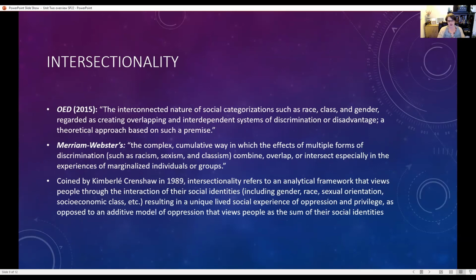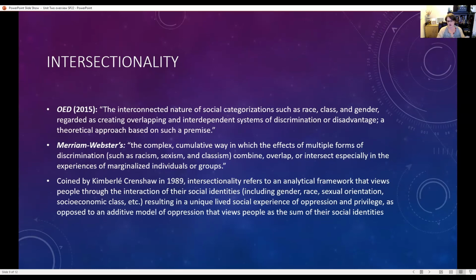This was a term that Crenshaw coined in 1989, and it refers to an analytical framework that views people through the interaction of their social identities. That can include things like gender, race, sexual orientation, socioeconomic class, ability, so on and so forth, all these various segments of their social identities.